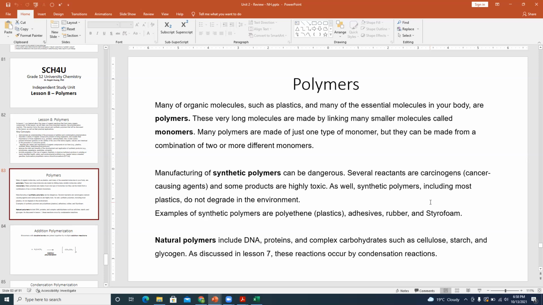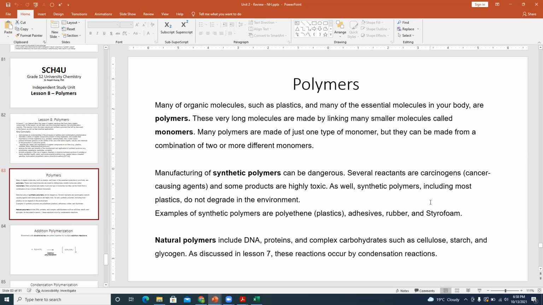Now, you can have natural polymers that occur inside us, like DNA, which is a type of polymer, proteins, and complex carbohydrates such as glycogen and cellulose and starch. These are all natural polymers that occur within us, but there are also synthetic polymers.